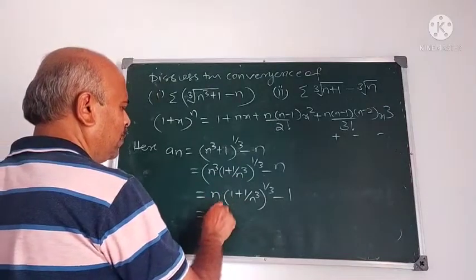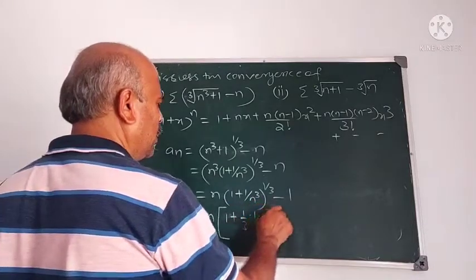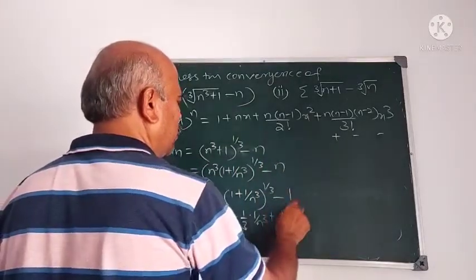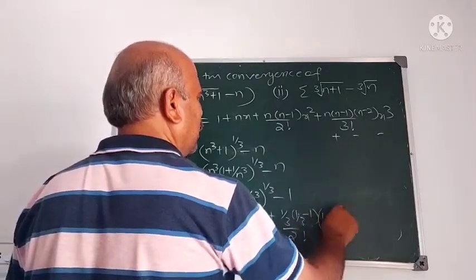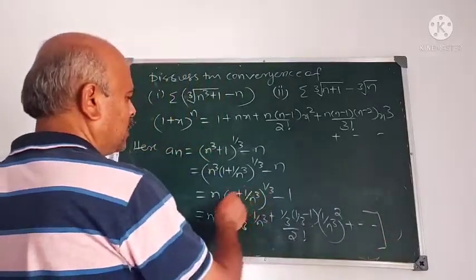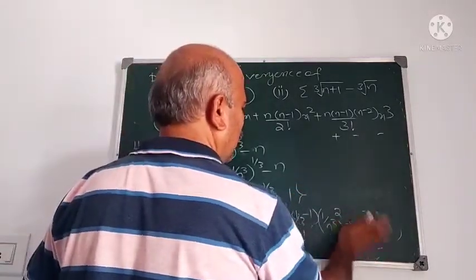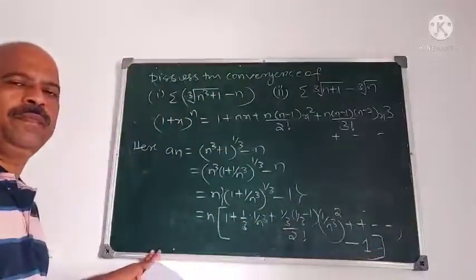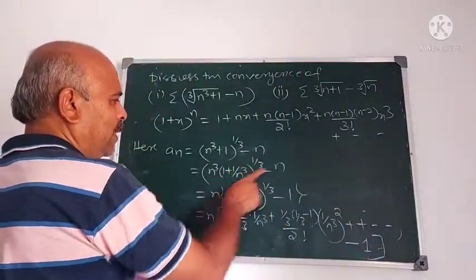It is n into, now we expand this one, 1 plus 1 by 3 into 1 by n cube, plus, applying this, 1 by 3 into 1 by 3 minus 1 upon 2 factorial into 1 by n cube whole square, plus so on, infinite terms, minus 1. I have taken n common here. Now n cube raised to 1 by 3 is n, and this n is common.